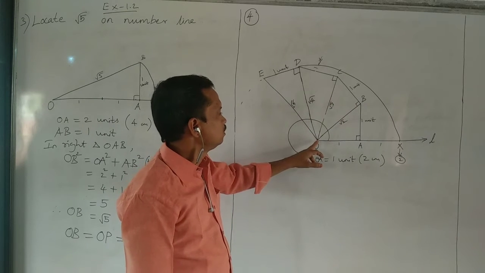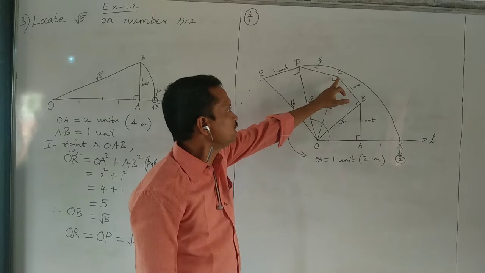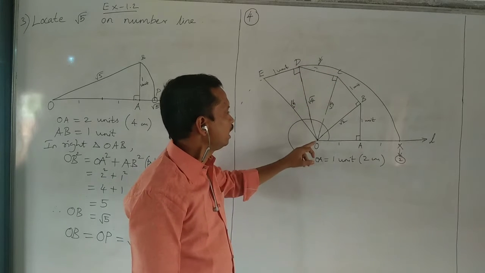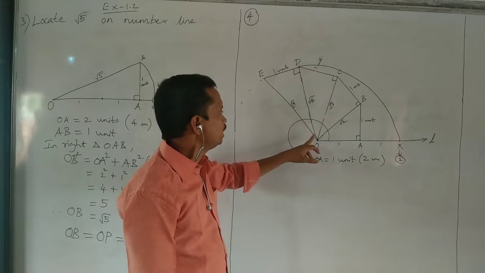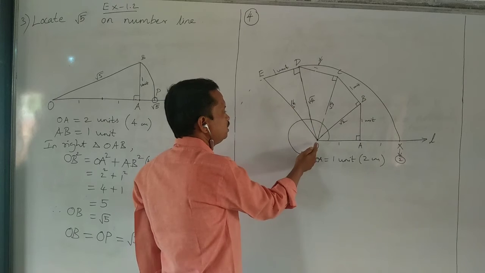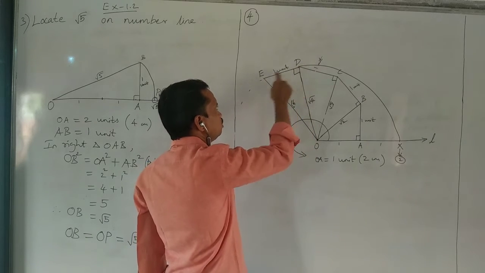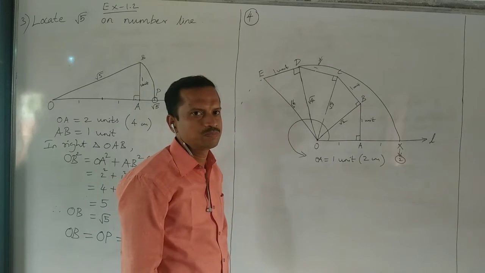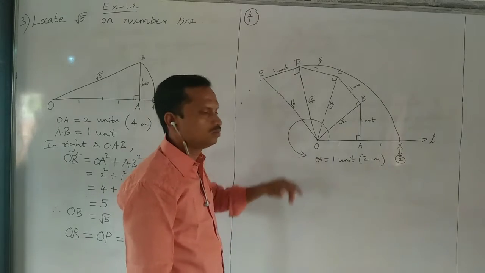And again, at C, draw a perpendicular CD for 1 unit and then join OD, then you get OD root 4. So like that we can proceed, and here again from D, draw a perpendicular DE and we join OE, and then you get root 5, which is OE.